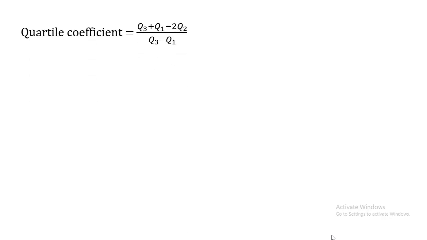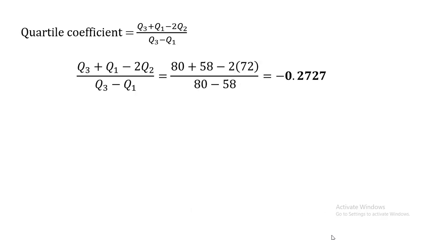And lastly, the quartile coefficient, which is (80 plus 58 minus 2 times 72) divided by (80 minus 58), gives minus 0.2727.